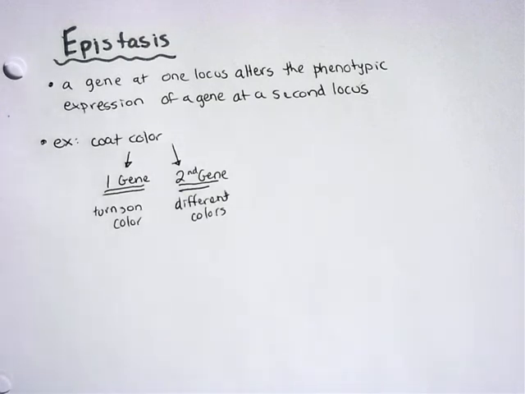Now once the C gene is turned on, in other words, if it's homozygous dominant or if it's heterozygous, once that gene is on, then color can be displayed. There's a totally separate gene though, your B alleles, that are determining color, right?